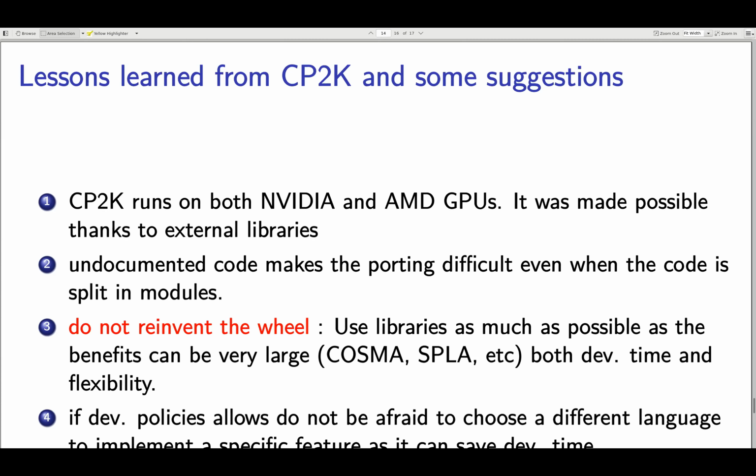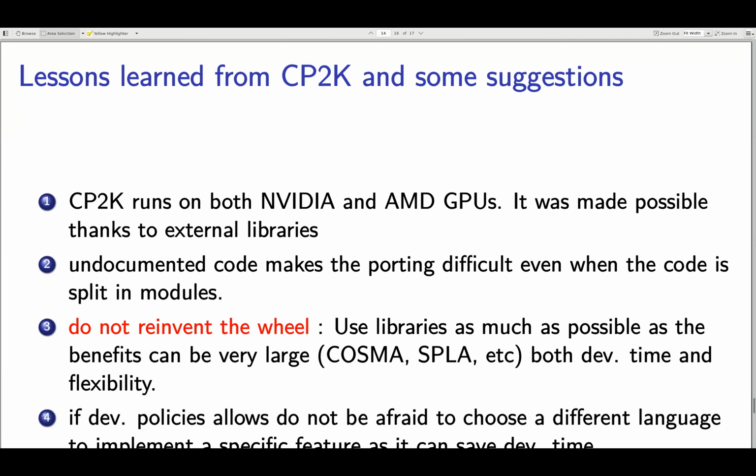The third thing that we learned is that many parts of CP2K just do the same thing all the time, and somehow you get code duplication, and that's why I wrote "Do not reinvent the wheel."